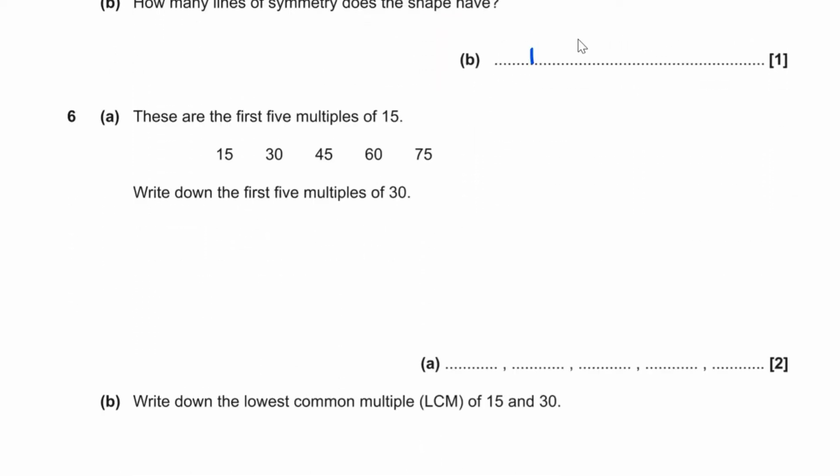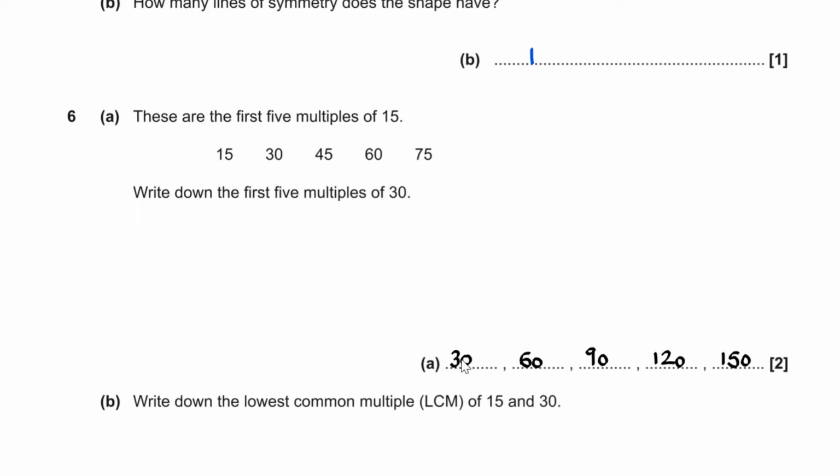Question number 6. Here are the first 5 multiples of 15, and we have to write down the first 5 multiples of 30. Well, we begin with 30, then we've got 60, then we've got 90, then we've got 120, and then we have 150.